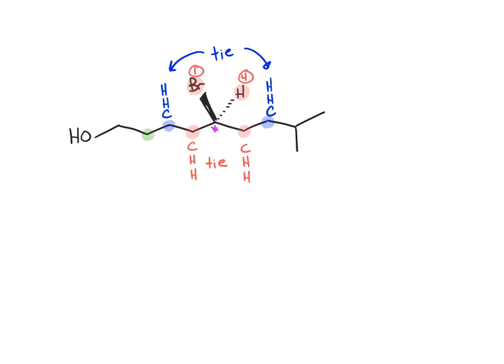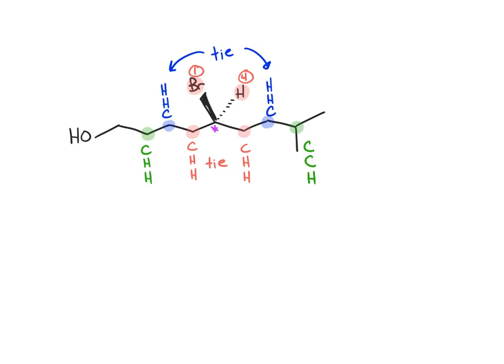So we'll move to here and here. And let's once again write what's attached. On this one, you have a carbon, a hydrogen, and a hydrogen. On this one on the right, we have a carbon, and a hydrogen. We finally have a tiebreaker.